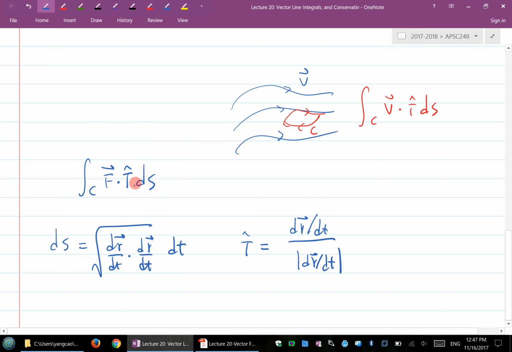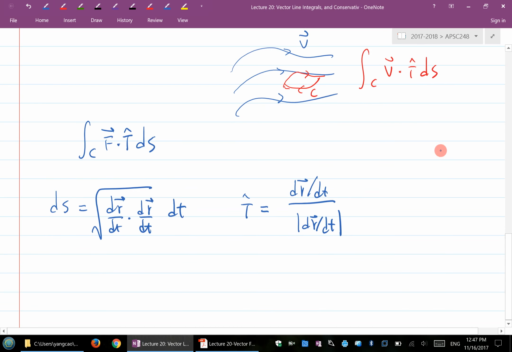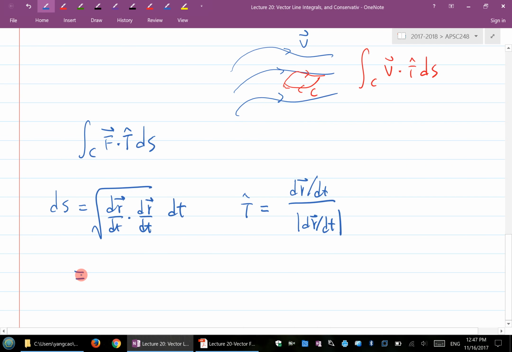So this is basically t hat and ds here. Now for ds, I can simplify this just slightly. When you have a vector, dr over dt is a vector. So when the vector dots itself, you get basically the square of the norm. So for this square root here, you essentially get the length of dr over dt, and then times dt.